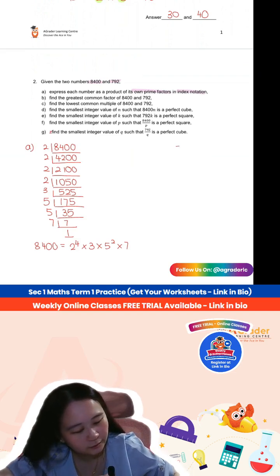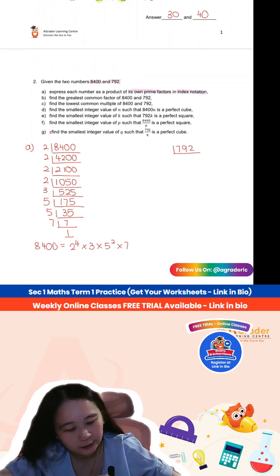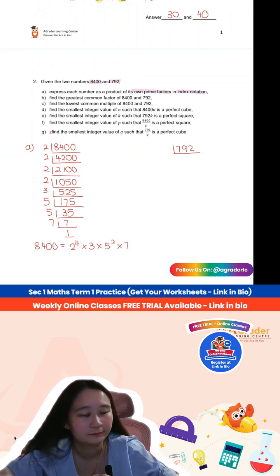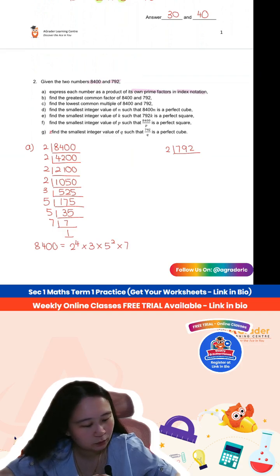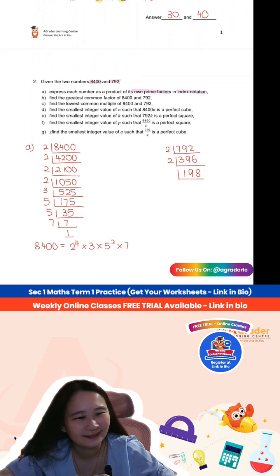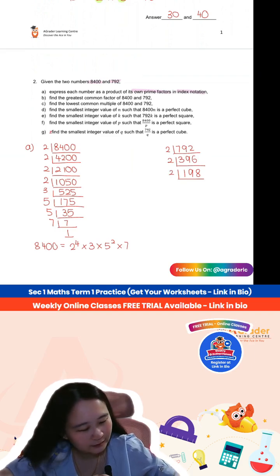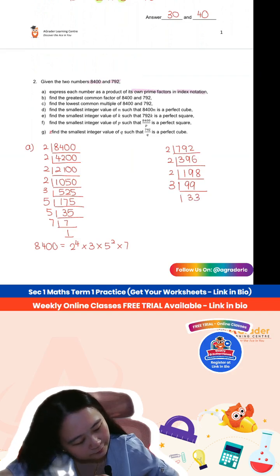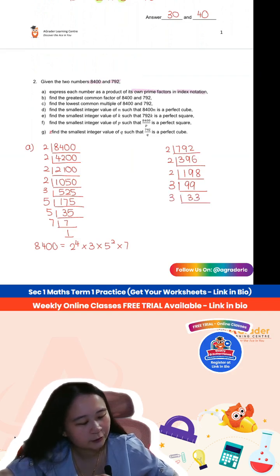Okay, next we need to prime factorize 792. Divide by 2, we get 396. Divide by 2 again, we get 198. Divide by 2 again, we get 99. Divide by 3, 33. Divide by 3, we get 11.